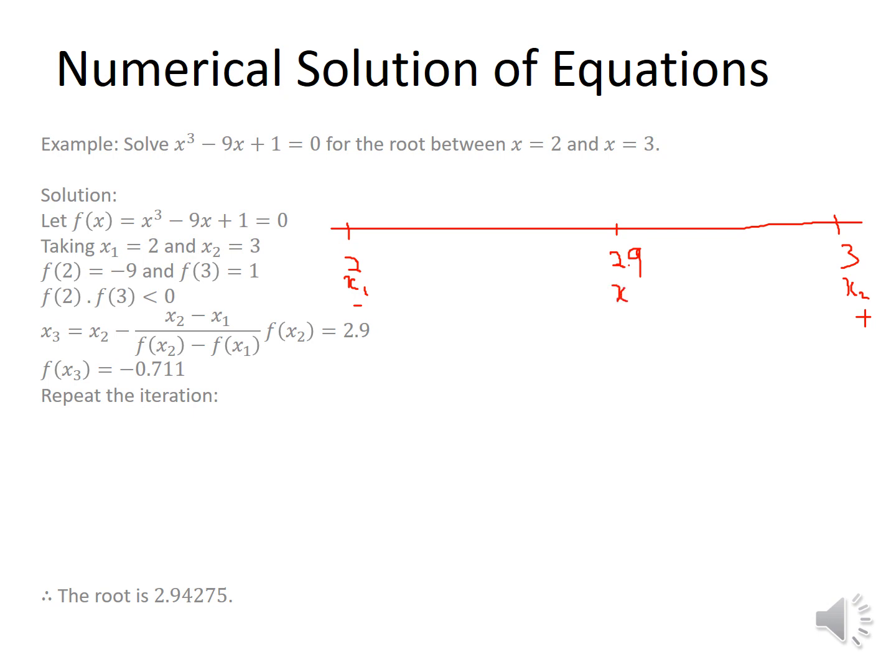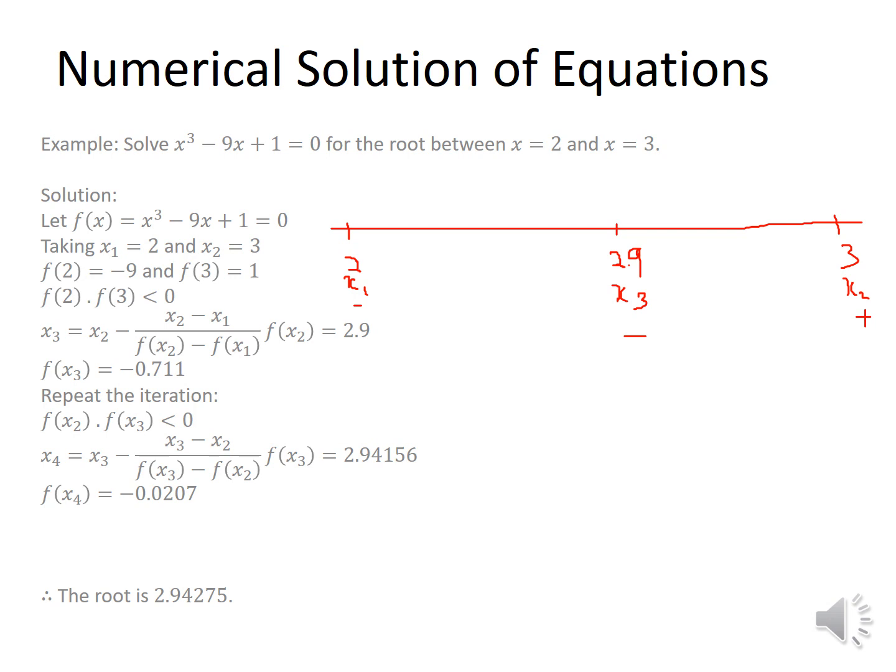And we name it x3. The value is negative. So you know the root is between x3 and x2. So fx2 multiplied by fx3 is a negative value.